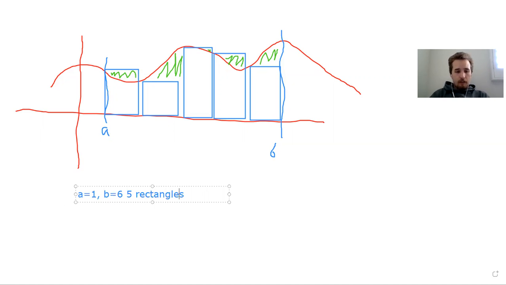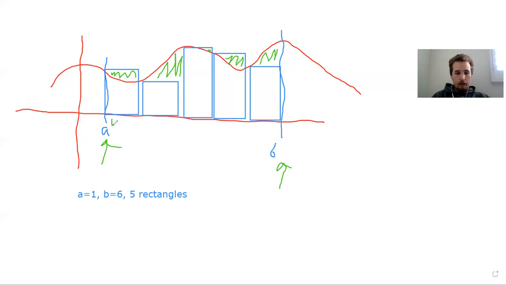Okay. If we're using 5 rectangles to go from a equals 1 to b equals 6, what is the width of every rectangle? So if we're going from a is equal to 1 and b is equal to 6, right?